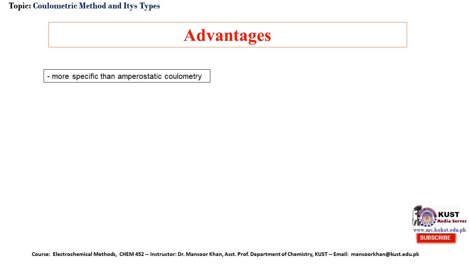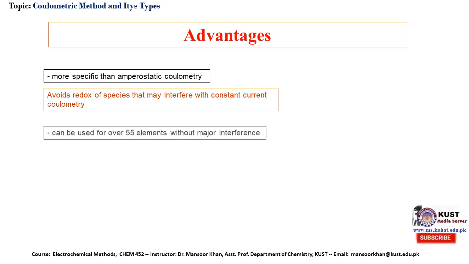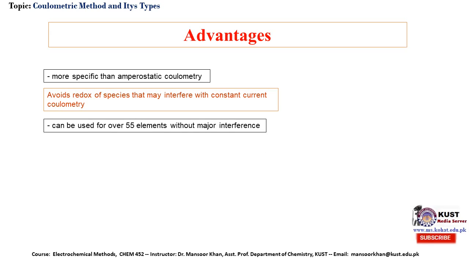In analytical chemistry, most of the techniques are non-specific, or you can say interferences occur in most analytical techniques. It avoids redox of species that may interfere with a constant current coulometry, so it can be easily specified. It can be used for over 55 elements without major interferences.